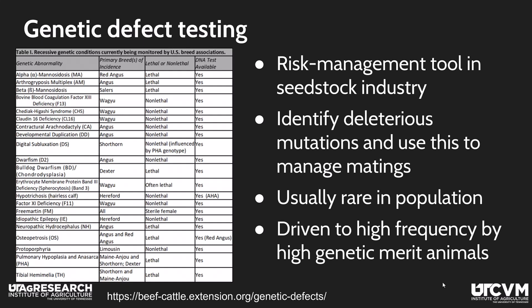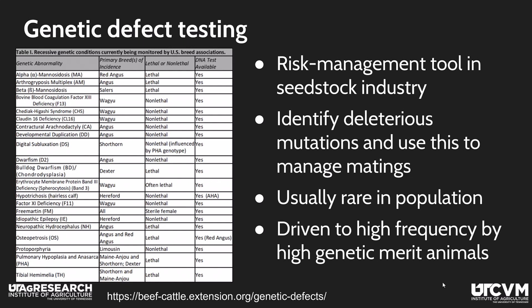And the important thing is that they get driven to a significant frequency, to where we start to actually see them pop up in the population, because they occur in high genetic merit animals. If mutations only happened in bad animals, we wouldn't see any of these things pop up. It's the fact that that genetic defect is tied to an animal who is genetically superior.